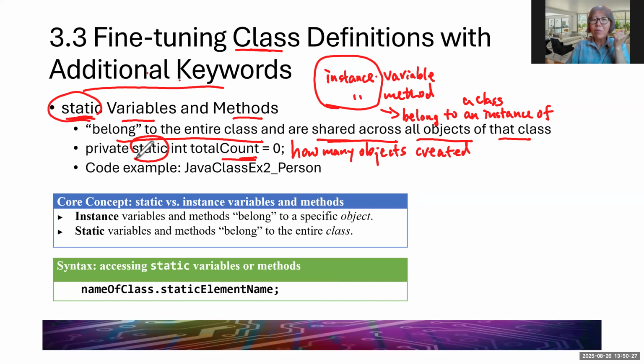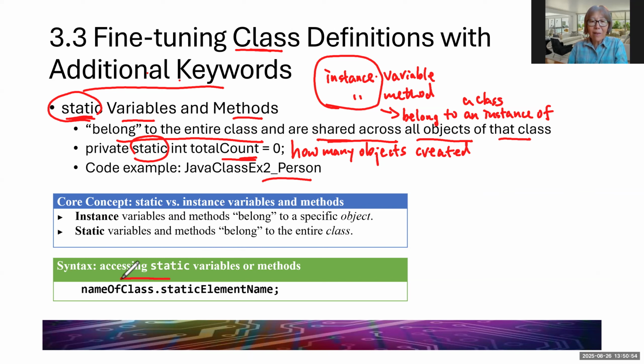You can use this word static because then it belongs to the class and is shared by all objects. So that's one of the common uses, and we will see that in our second example regarding class. Just keep this in mind.